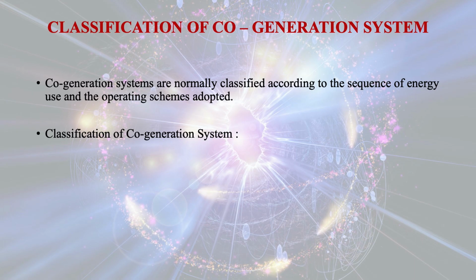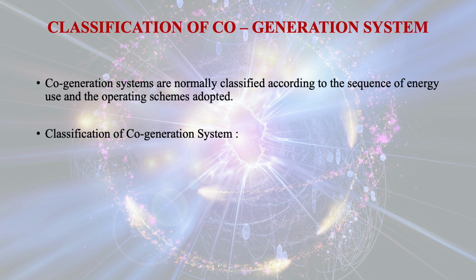This is the work done by the turbine from state 1 to state 2, where 1 kg steam was there. But at state 2, m1 kg of steam leaves the turbine and enters into the heater 1. So the remaining steam, that is 1 minus m1 multiplied by h2 minus h3, this part is the work from state 2 to 3. And the last part, that is the work done by the turbine from state 3 to 4, 1 minus m1 minus m2 multiplied by h3 minus h4. This is the work done by the turbine.